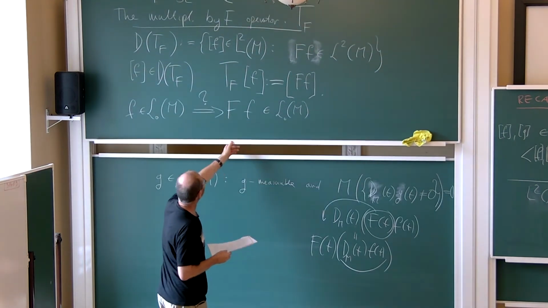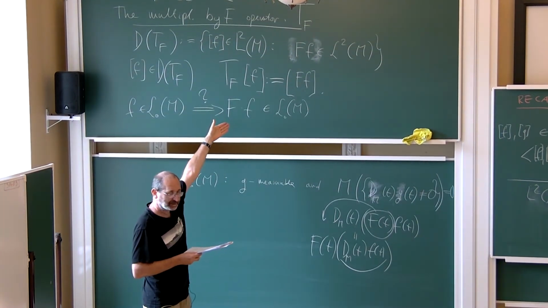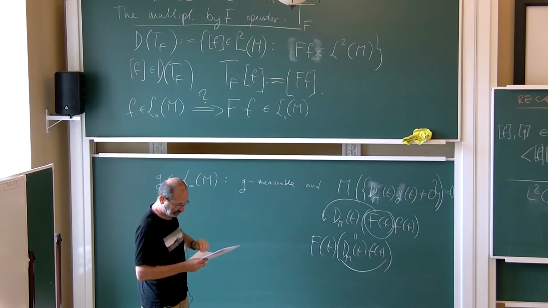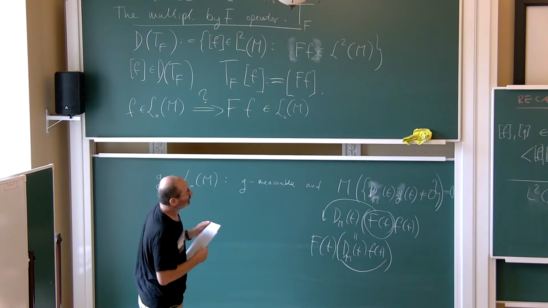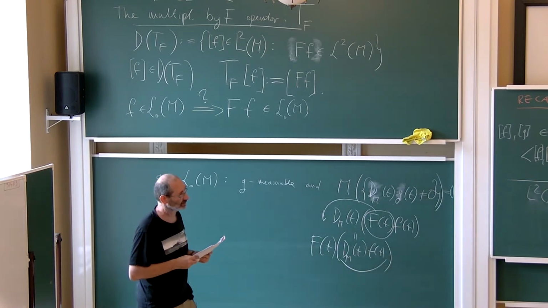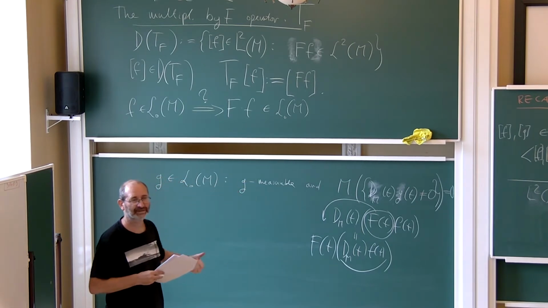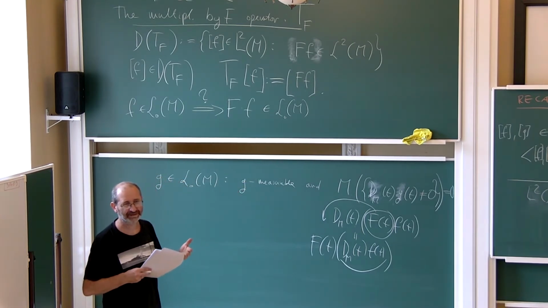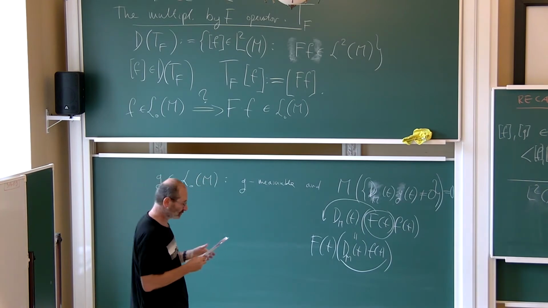Okay, so it means that our operator is properly defined. And now, when it's properly defined, I will write a long theorem about important spectral and not only spectral properties of this kind of operators.